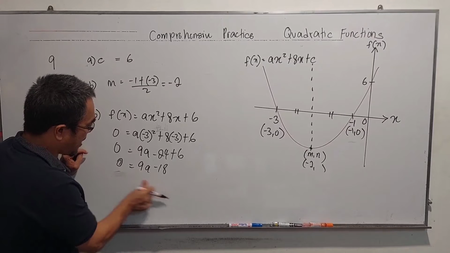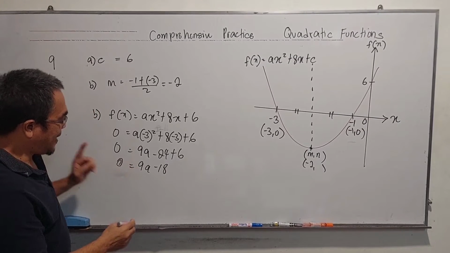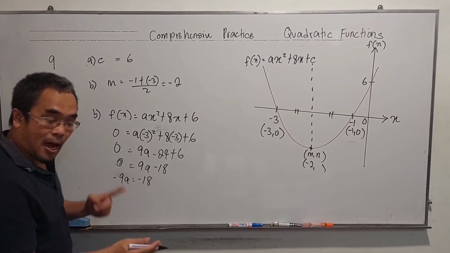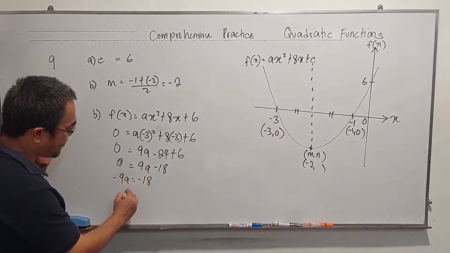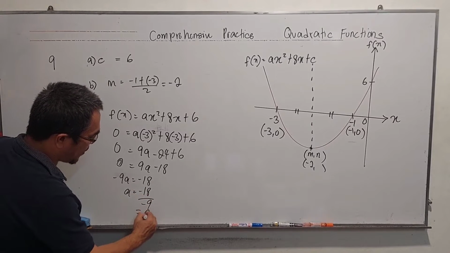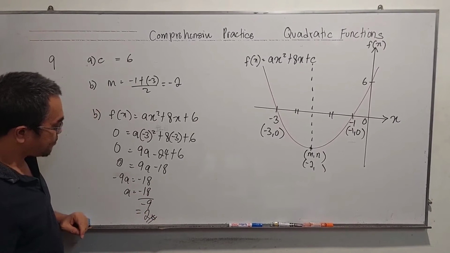Or you can also bring the 9a to the other side, so -9a equals -18. Up to you, both are correct. So -18 over -9, so a is 2.